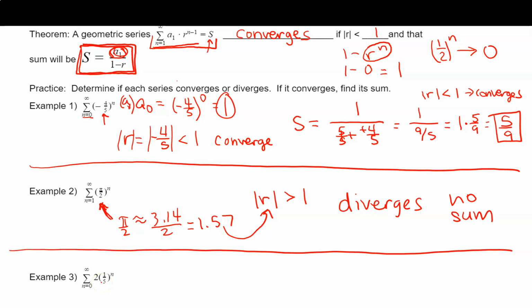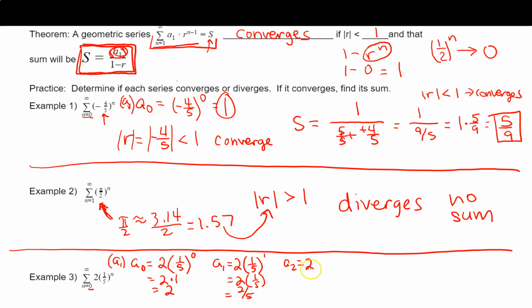For this third example, again, let's figure out our r. So the way to think about this, let's figure out our first term. So we're supposed to plug in 0, so really this is a sub 0, but in the formula it's like our a1. So it'll be 2 times 1/5 to the 0, which is just 2 times 1, so it's 2. Figure out the next term. That would be 2 times 1/5, which would be 2/5. Figure out our a2.